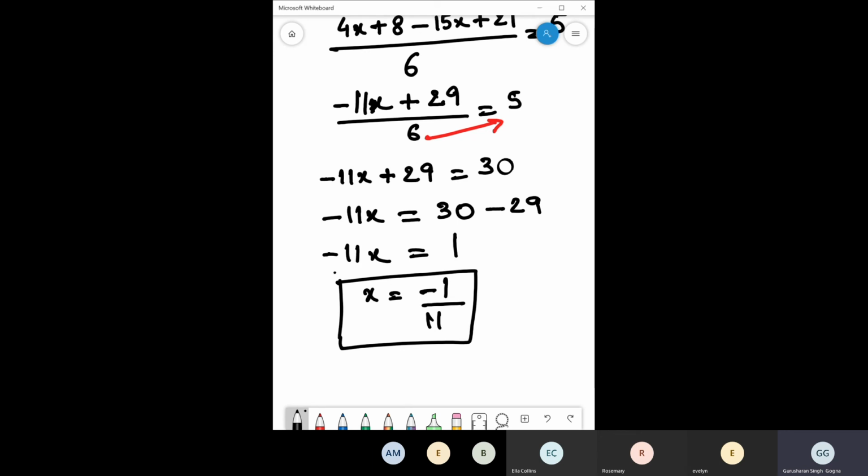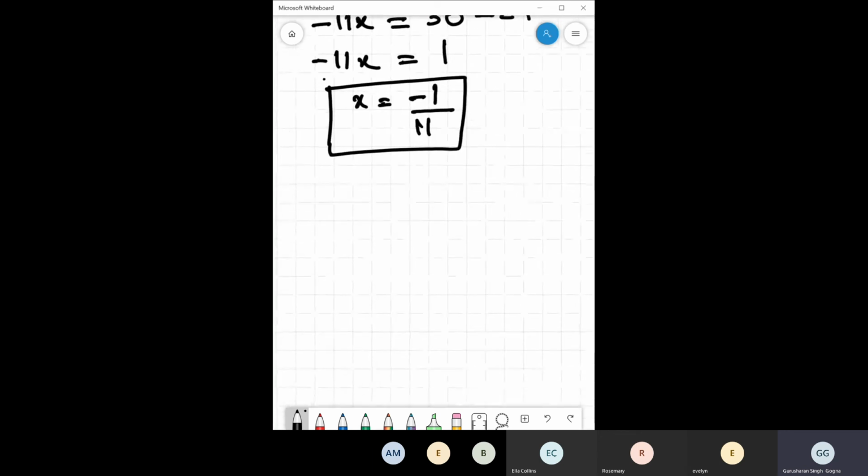So the question is 3x squared plus 11x minus 4 equals to 0. And we need to solve this. So 3x squared plus 11x minus 4.